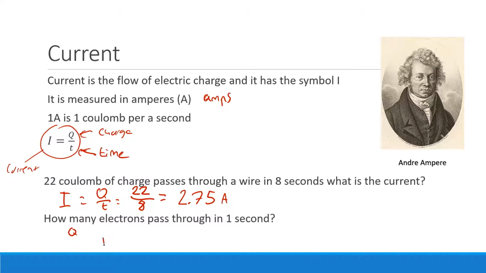So I equals Q over T, which means that IT equals Q. So if I've got 2.75 amps times 1, that means I've got 2.75 coulombs.